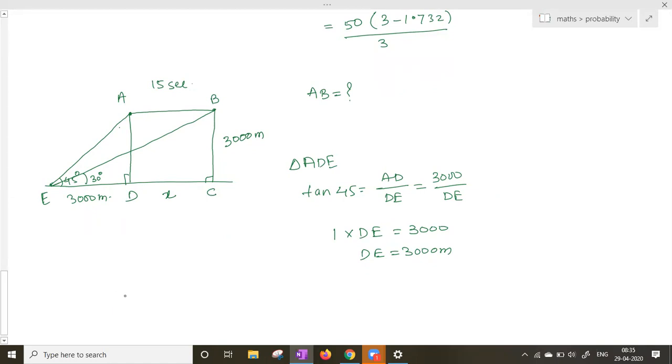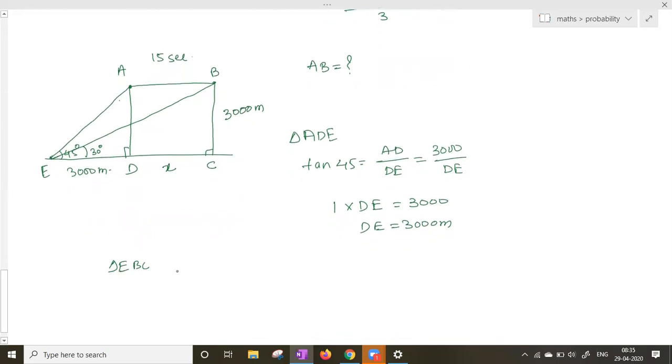Further, what to be done? Ma'am, EBC, we can find out the total EC. And then we can find out X after that, and we can substitute it for AB after that. Okay. So in triangle BCE, which ratio?